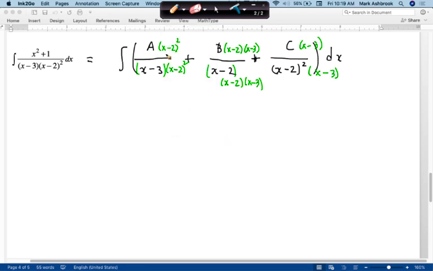So now this whole numerator, so we know we're going to add the fractions together, and we're going to just add the numerators. When we add those numerators, we're going to get x squared plus 1. So let's write that out. So A times x minus 2 squared plus B times x minus 2, x minus 3 plus C times x minus 3 equals x squared plus 1.